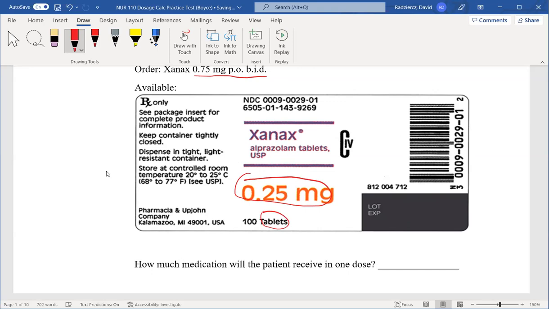And so this one is as straightforward as taking the order over the available times the quantity, which is the one tablet, and it's 3 tablets. So we know it's not a liquid because it doesn't say anything about an oral suspension, and it clearly says tablets on the label.